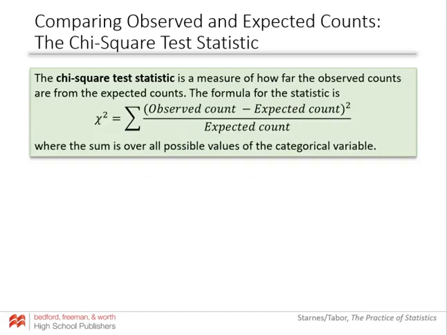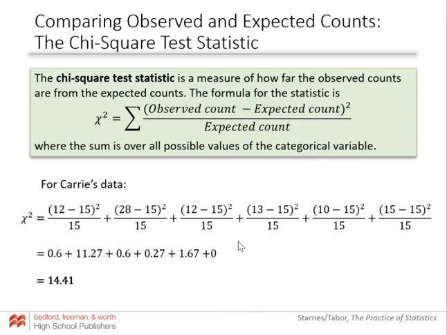And so the way we find it is the sum of, remember this is the Greek capital letter sigma, so it's the sum of, for each category, so in this case for each number on the die, the observed count, how many times it actually happened, minus the expected count. We're going to square that and then divide by the expected count. We're going to do that for each number 1 through 6, and we're going to add those together. So the number 1 actually came up 12 times, and we expected it to come up 15 times.